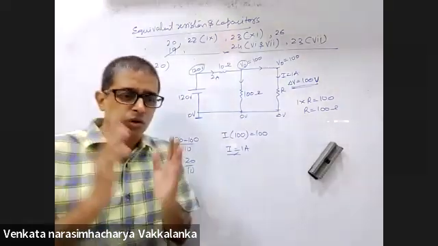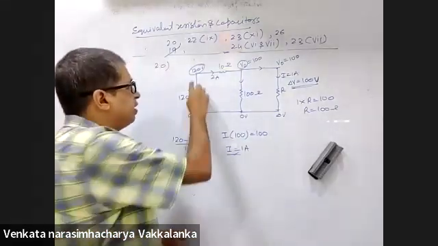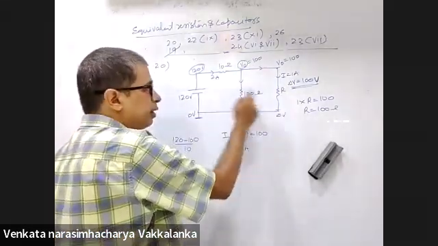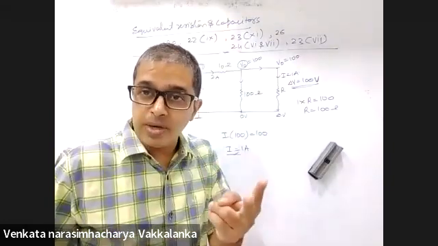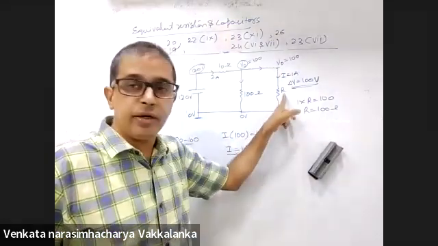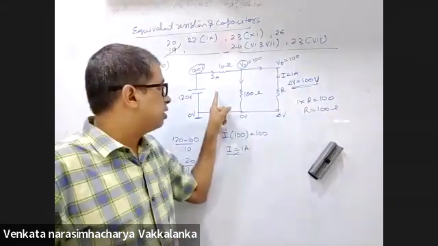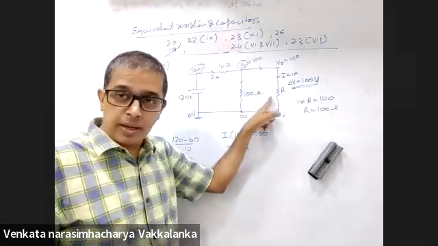I don't want to follow this procedure here. Apply KVL. Capital I, small I. Two loops, two equations. Third equation is small I into R is 100.